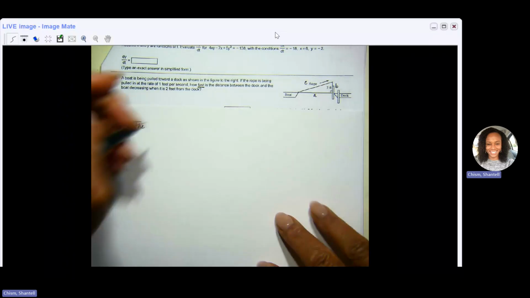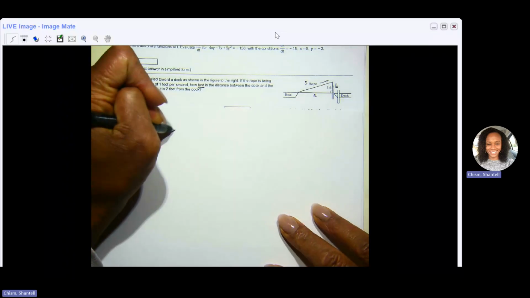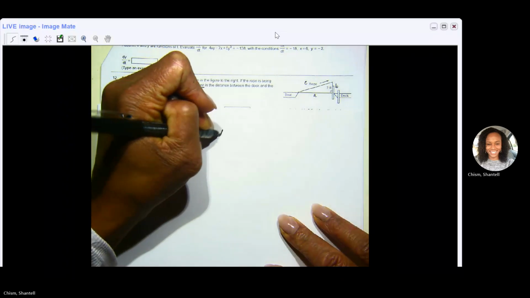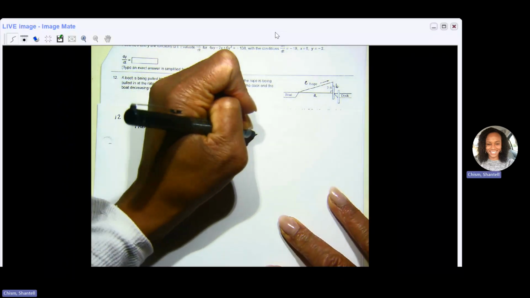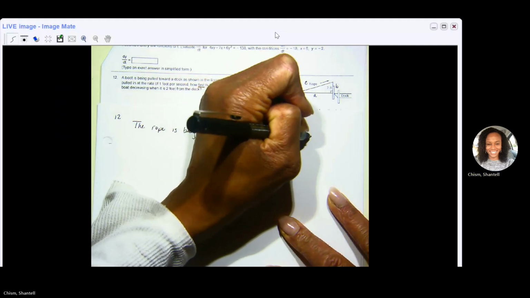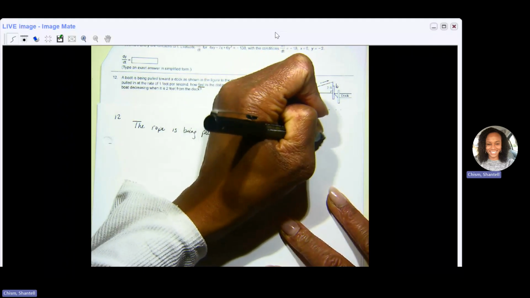So we're told that the rope is being pulled in at a rate of 1 foot per second.